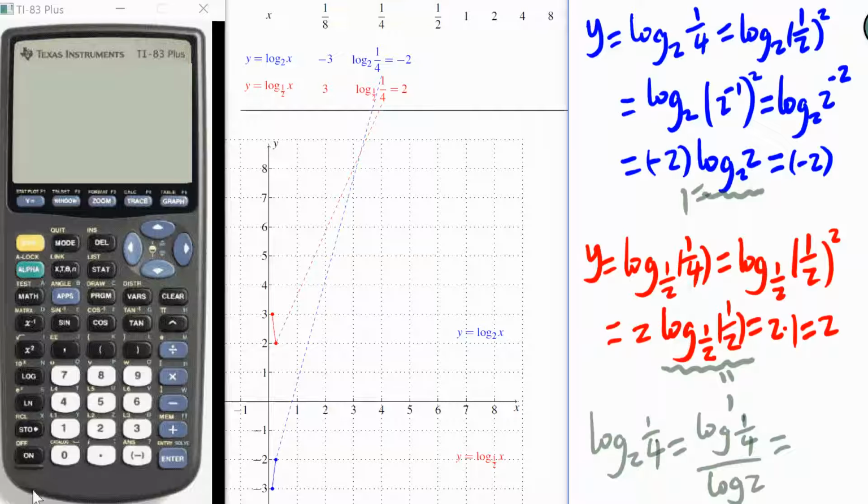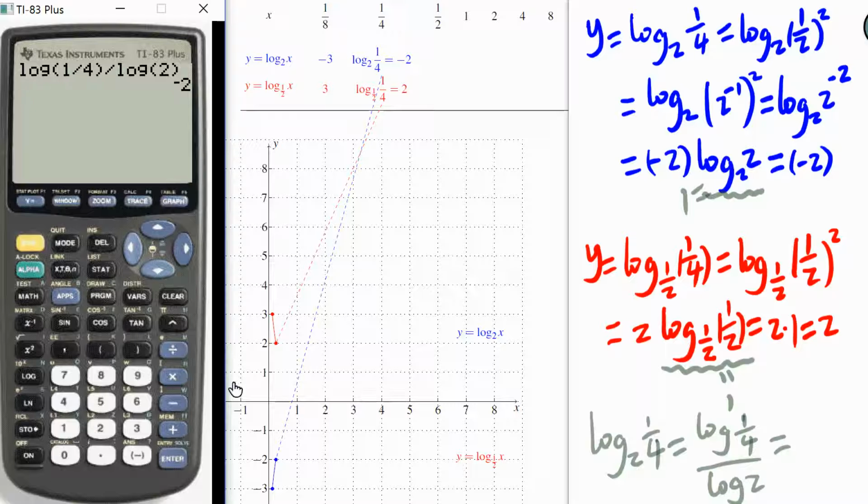So let's turn on the calculator, and then we calculate this value, negative 2. We do log, then here we want to input 1 divided by 4, close bracket, and then divided by log 2, close bracket. You hit enter, you have a negative 2 for this one.